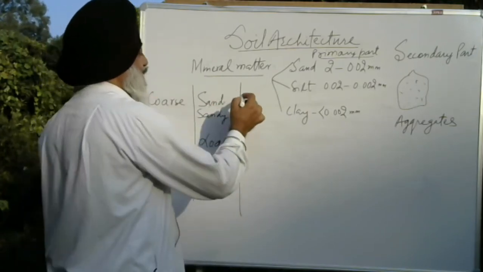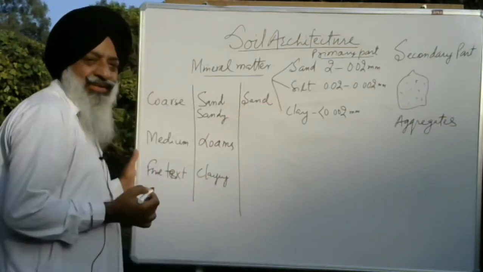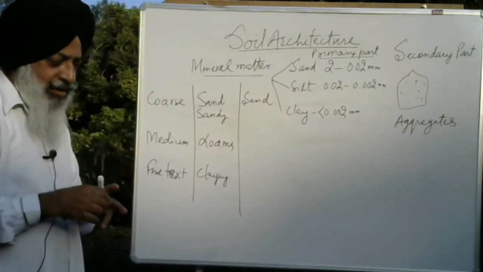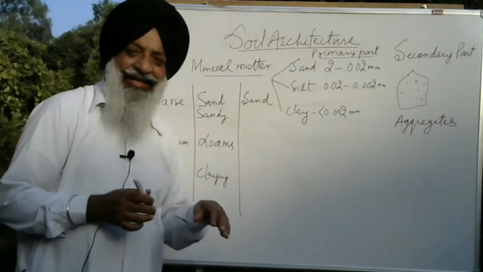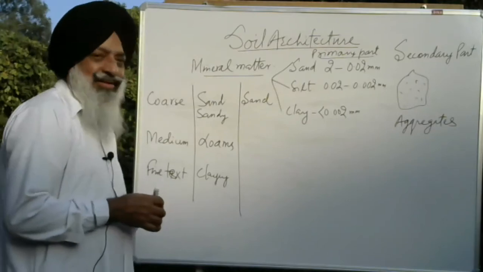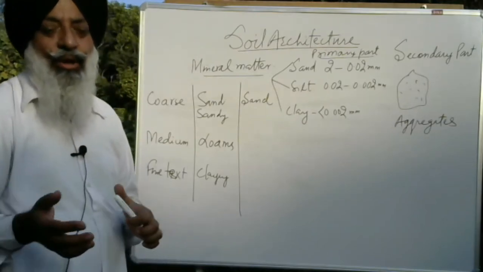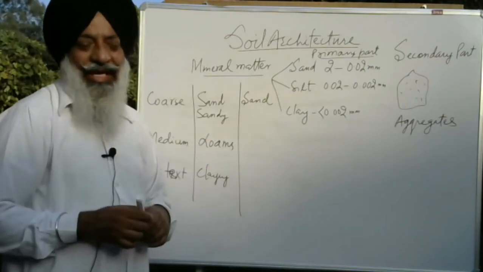Now this is sand having 100%, but it is very rare that you find 100% sand, except in dry deserts in Rajasthan. But nothing grows over there particularly. You cannot grow any crop because it is 100% sand.